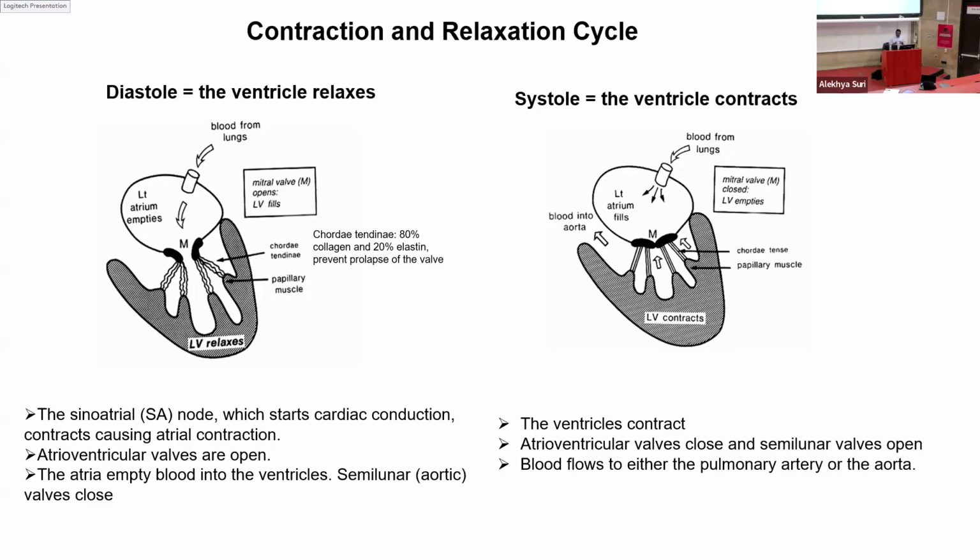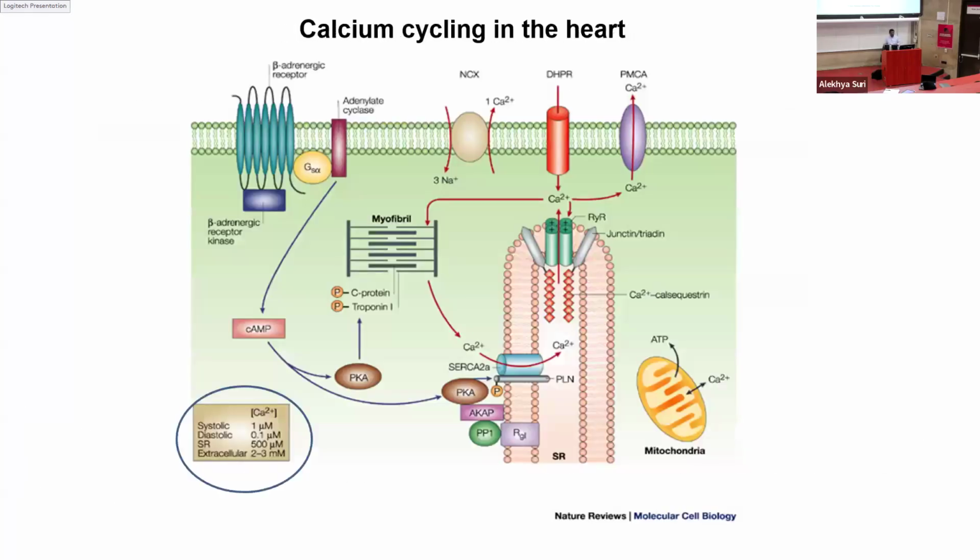Both diastole and systole depend on calcium concentration inside the cell. The calcium concentration within the cytoplasm modulates whether the cell goes through the systolic phase or the diastolic phase.